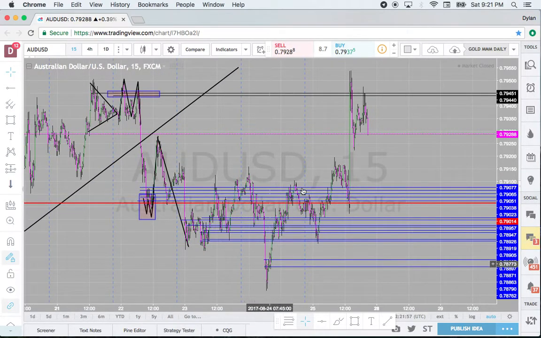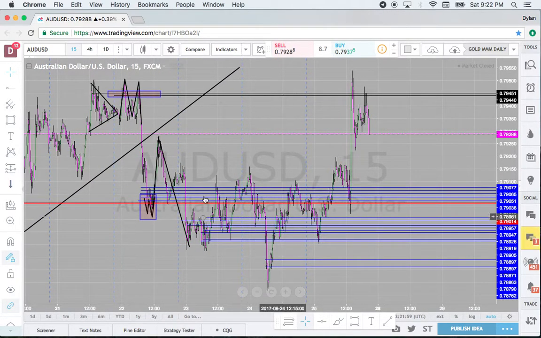The expert advisor was correct. These positions here went into about 36 pips of drawdown. This cluster of positions went into about 20 pips of drawdown, maximum at one point in time.